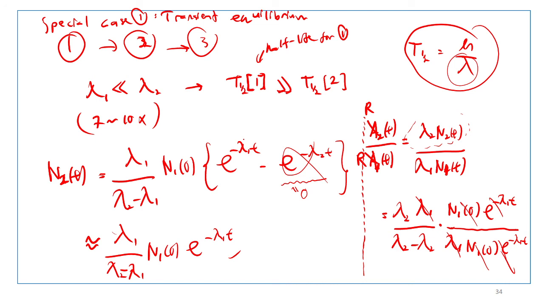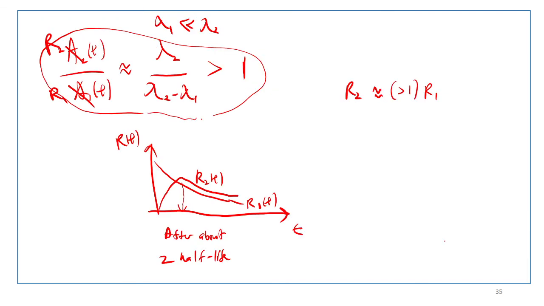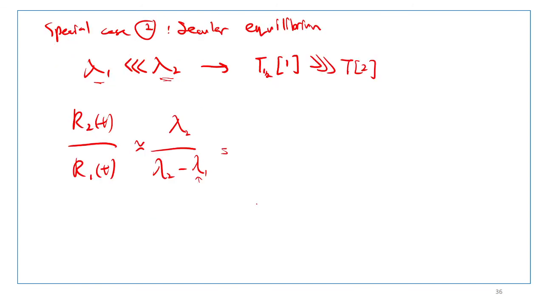So we can neglect lambda 1 at the denominator, so you end up with lambda 2 over lambda 2, which is 1.